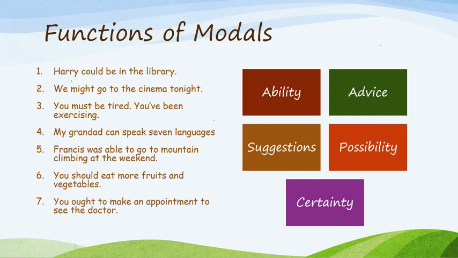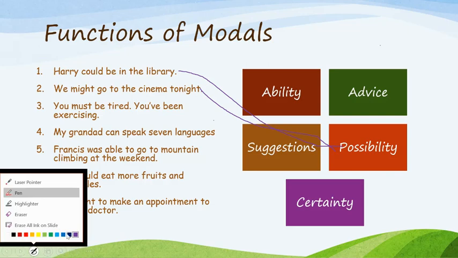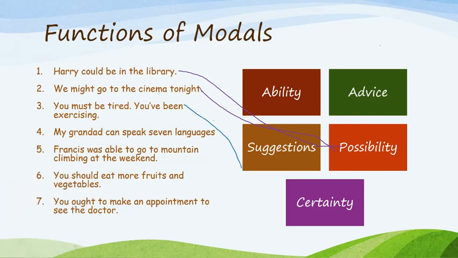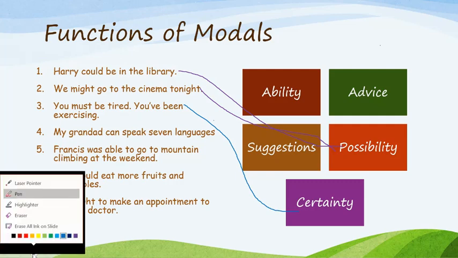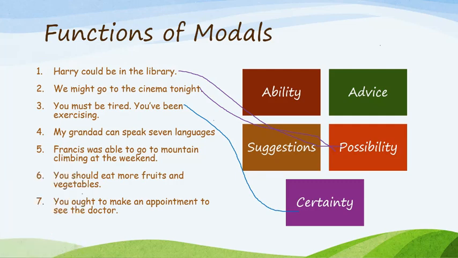Harry could be in the library. So this one is possibility. We might go to the cinema tonight. Possibility. You must be tired. You have been exercising. So this one is certainty. My granddad can speak 7 languages. Can. So it shows ability.